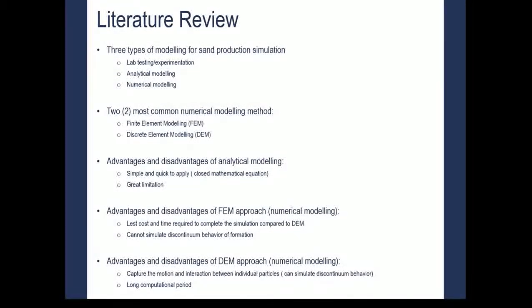Next, we also have the numerical modeling. The two most common ones are the finite element modeling and discrete element modeling. The advantage of analytical modeling is that it is simple and quick to apply since it is just mathematical equations.